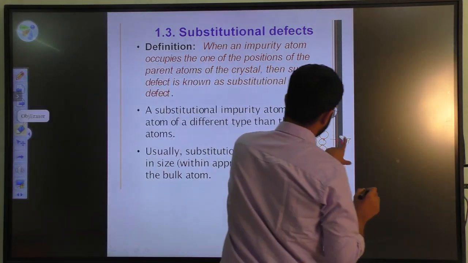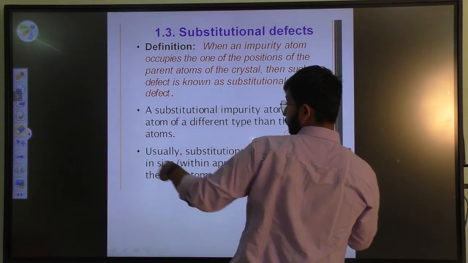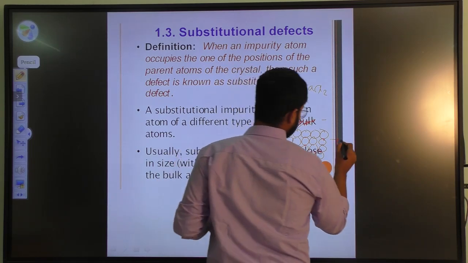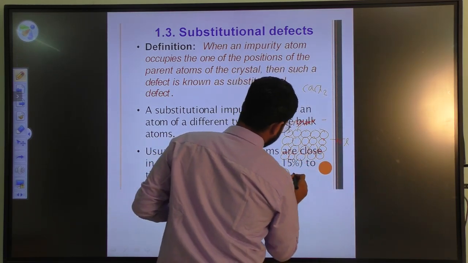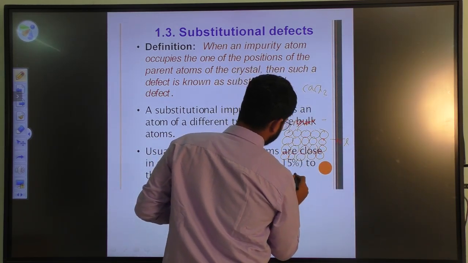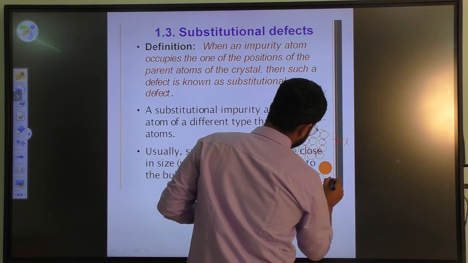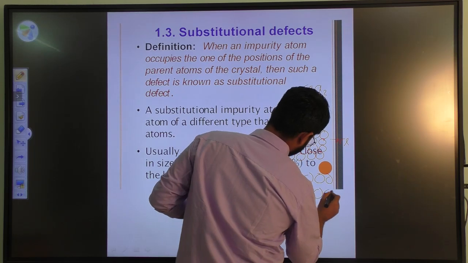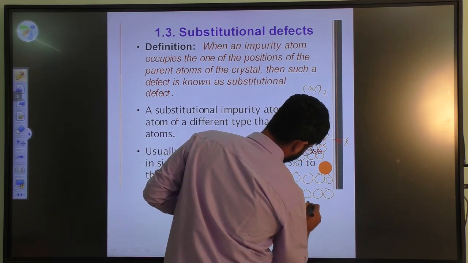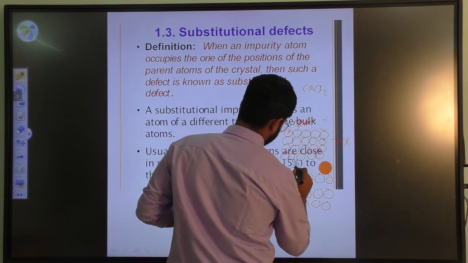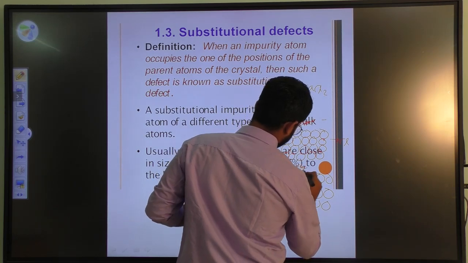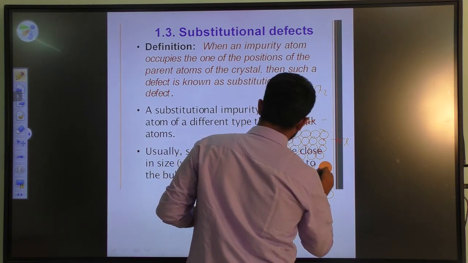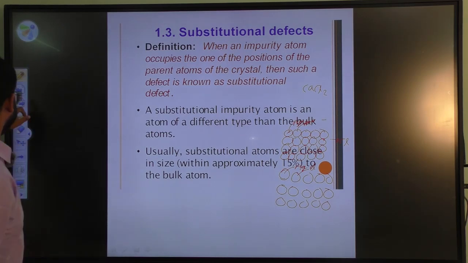And we consider the foreign atom as Cl. Cl comes and replaces Br and forms AgCl. It is substitutional defect.